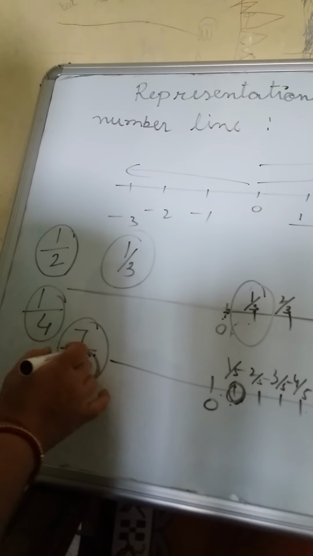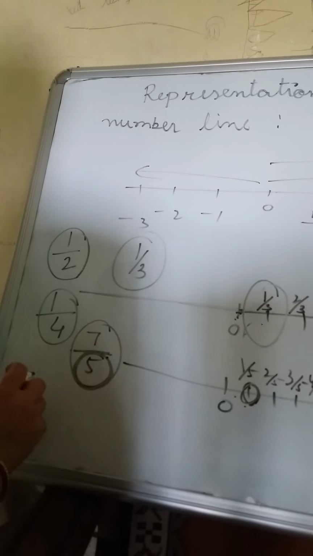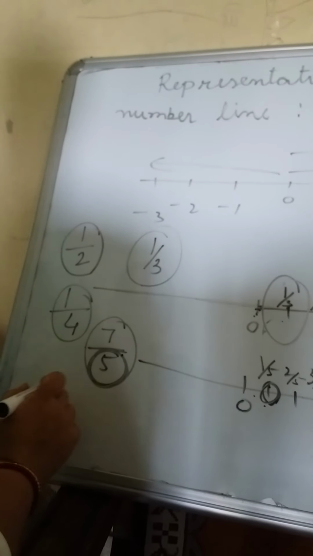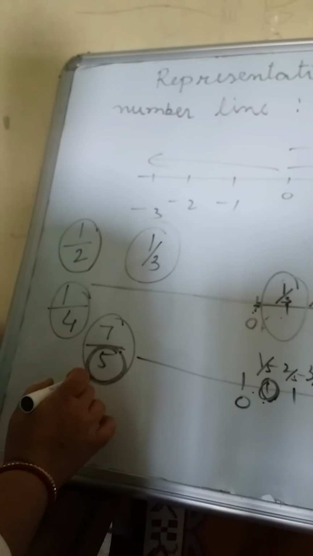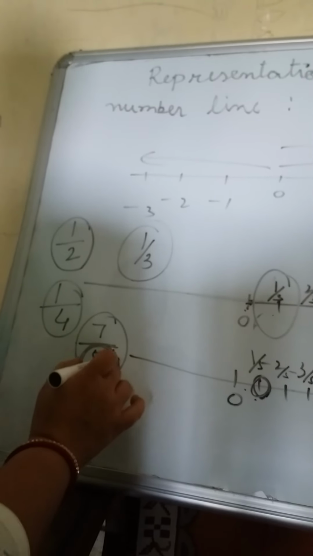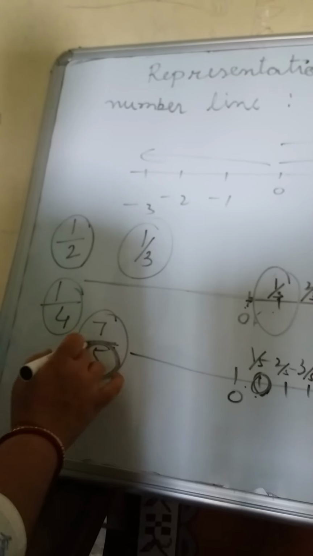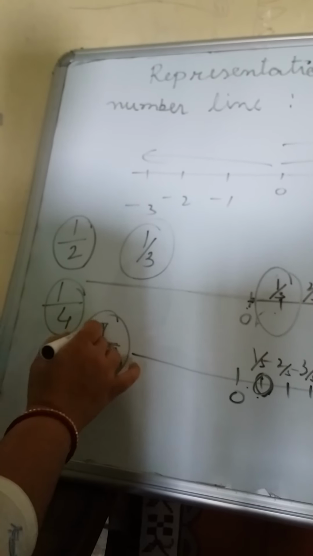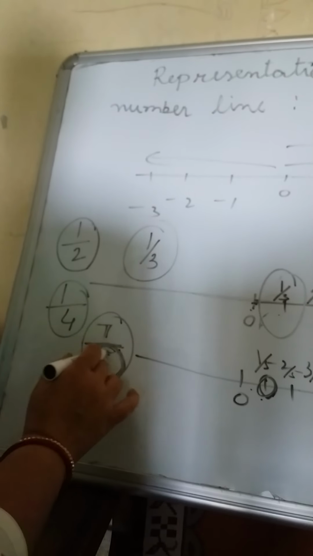Okay, so you have to remember that when you are representing a rational number on a number line, each part has to be divided into equal parts equal to its denominator. If it is 7 by 5, you have to divide each part in 5 equal parts.